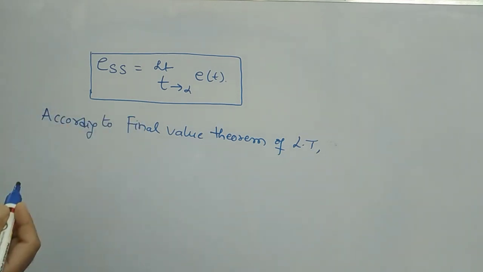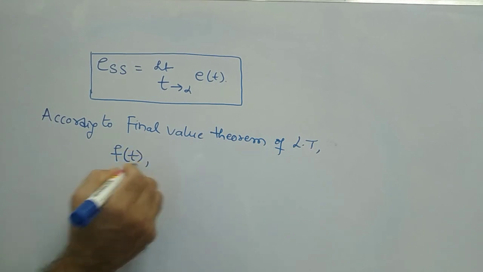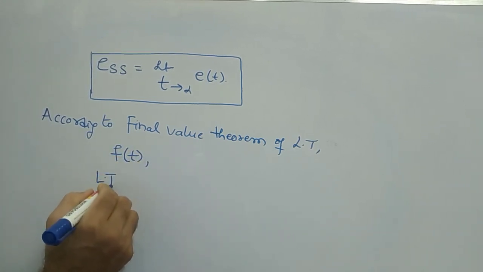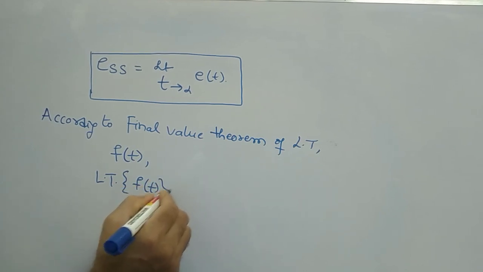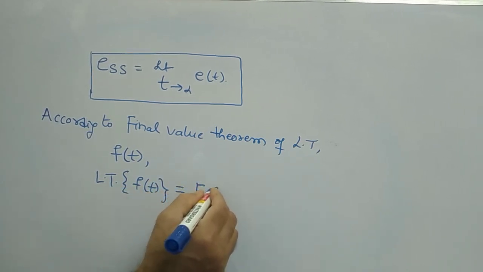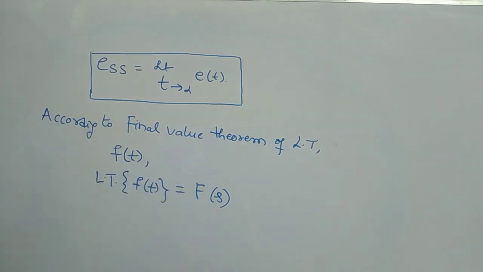Say for example, f of t is any given function, then Laplace transformation of f of t can be given as F of s. Clear? So time domain is converted into s domain after the application of Laplace transformation.